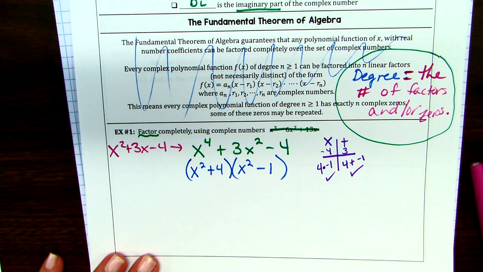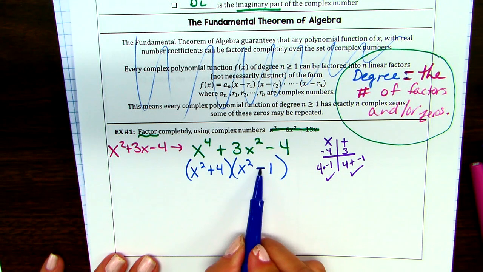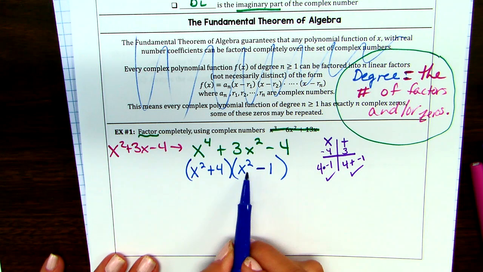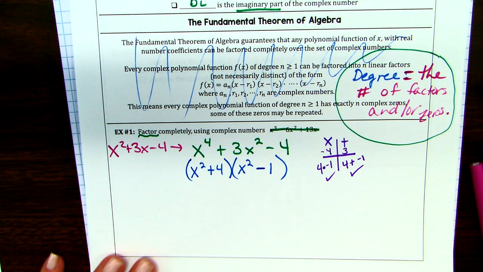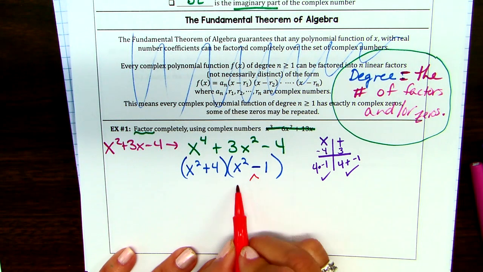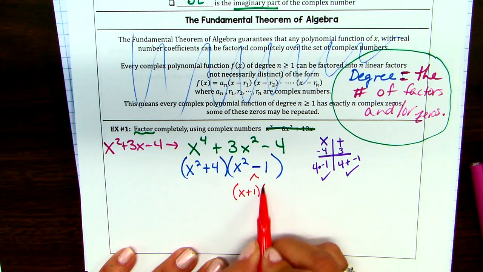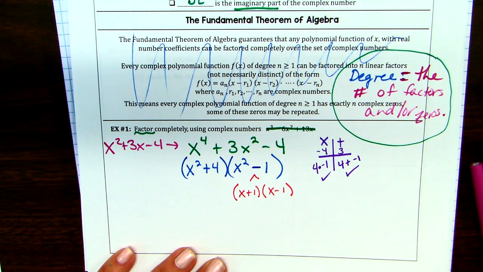And we always want to factor completely. So I hope you guys recognize that this is another type of factoring that's really, really common. Difference of two squares, right? So this can split into x plus 1, x minus 1, right?